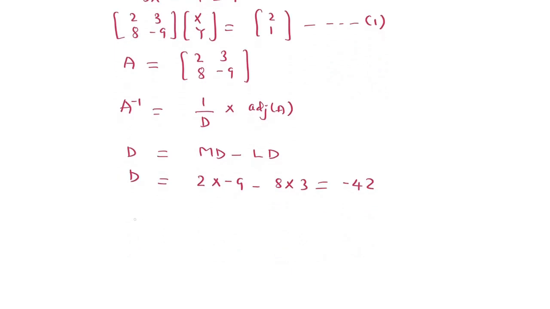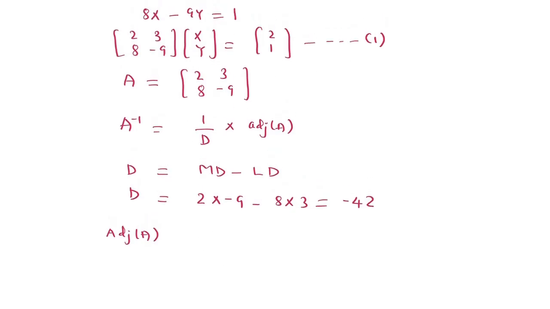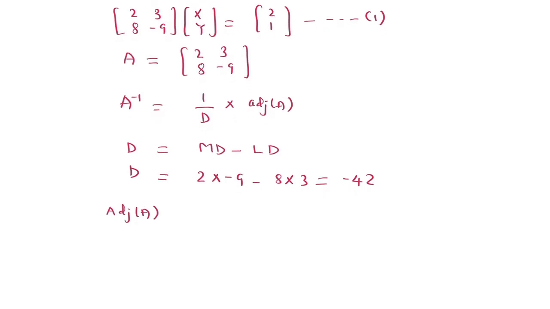To find the adjoint of matrix A, we exchange the elements of the main diagonal and negate the leading diagonal, and then our adjoint A is going to be [-9, -8; -3, 2].